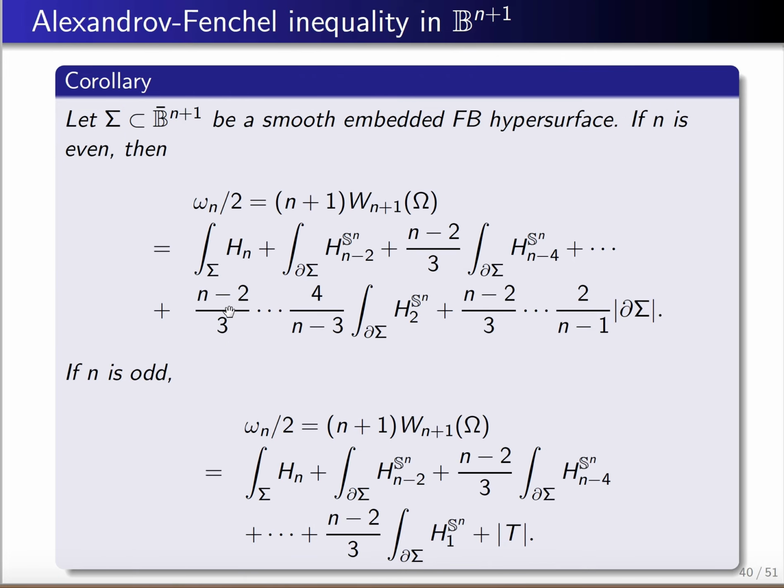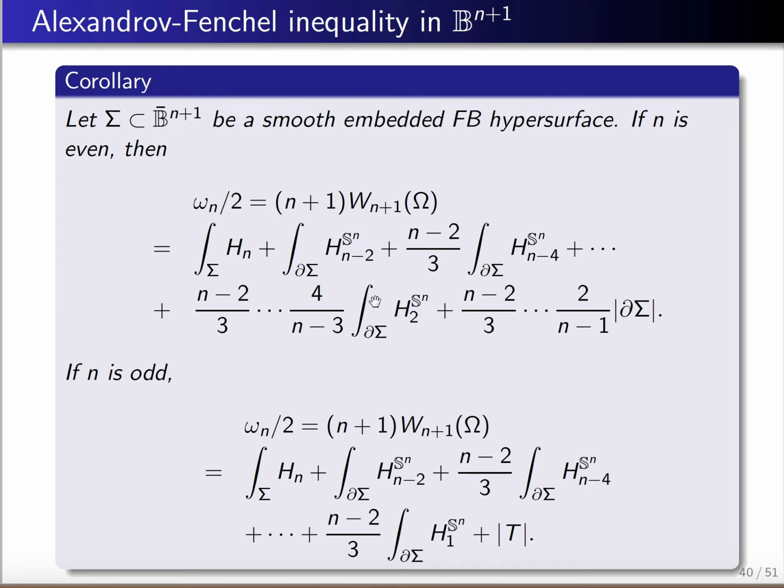So now we can show that in fact W_{n+1} is a constant which is given by omega_n over 2. And by the definition, you can write down exactly what W_{n+1} is. The first dominant term is the integration over sigma of the Gauss-Kronecker curvature. Then you have the spherical quermass integral, which is given by a sequence here.